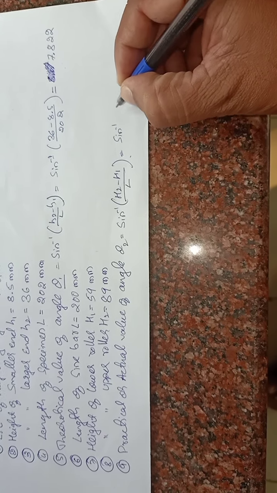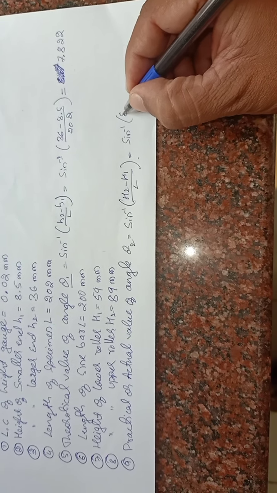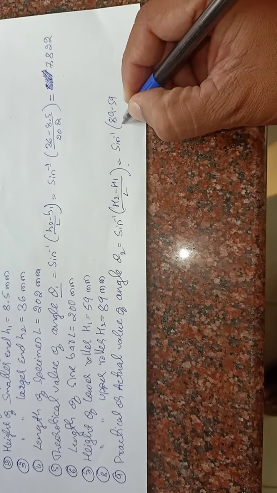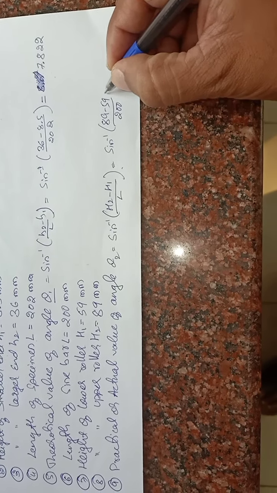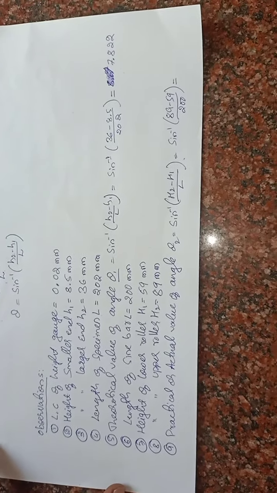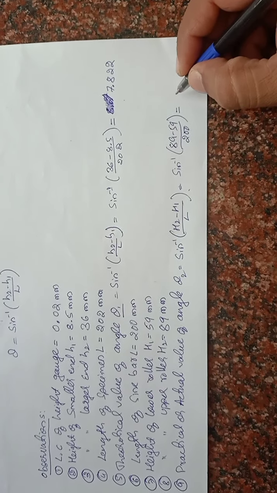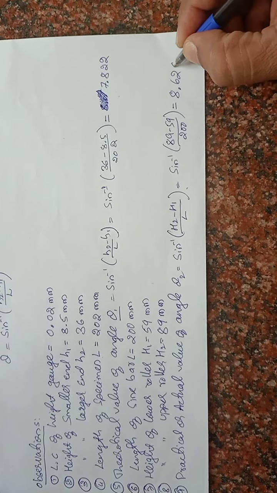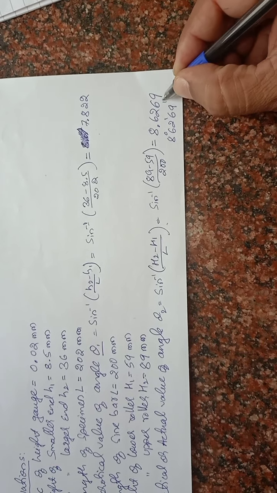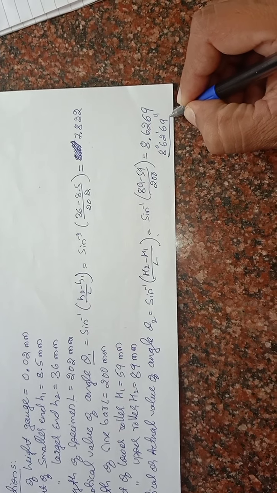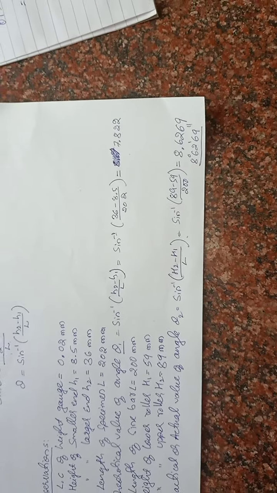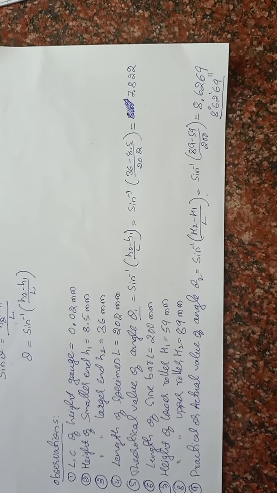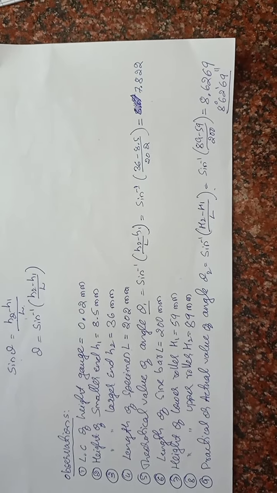Sine inverse of (89 minus 59) divided by 200 gives 8.6269, so 8 degrees 62 minutes 69 seconds. This will be the angle of the given specimen. Like this we should do the experiment.